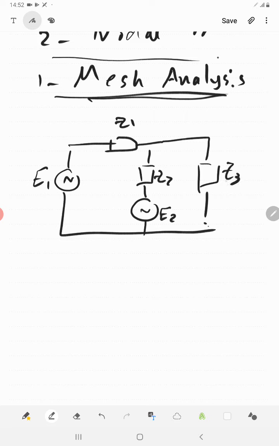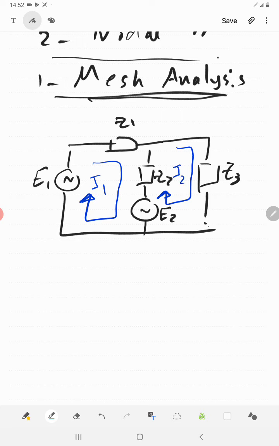If we look at this circuit, we have two loop currents. Say this is loop I1 and this is loop I2.